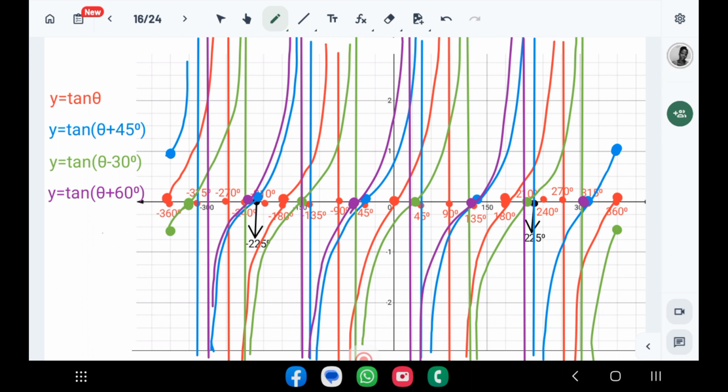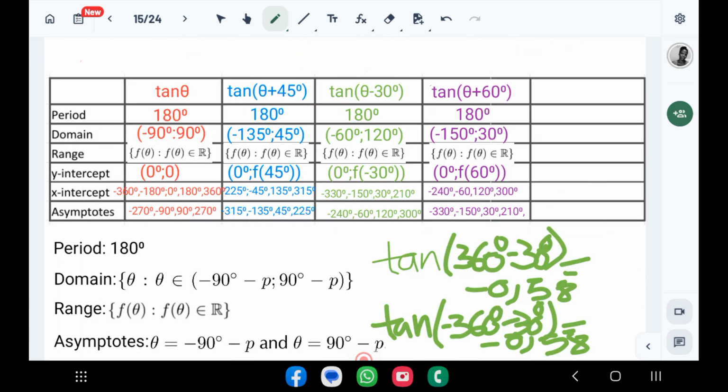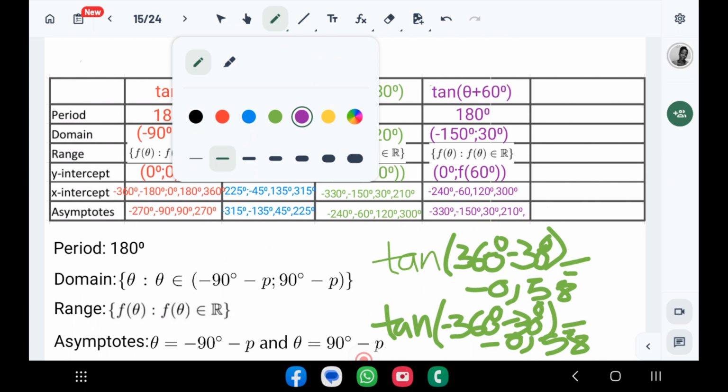The next one should be coming right down here. All right, now the last bit at 360 and negative 360, this is how we calculate them.